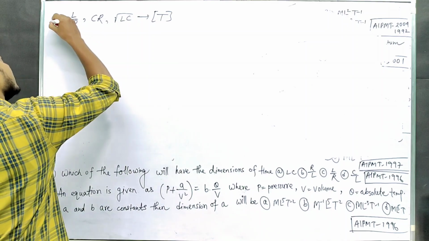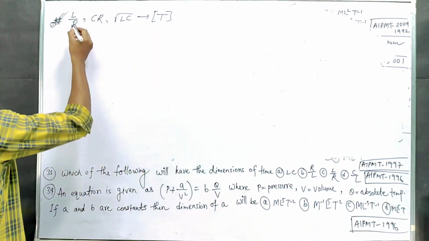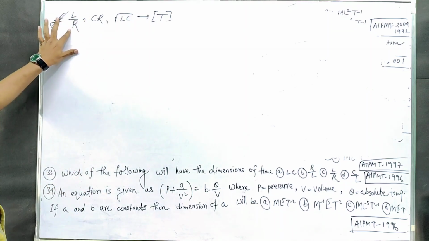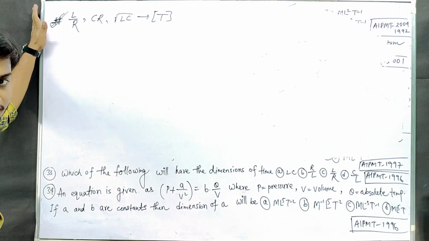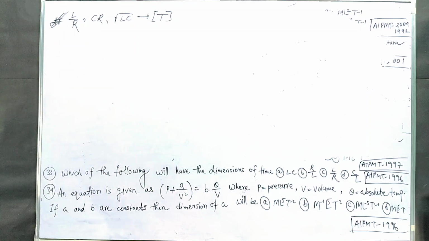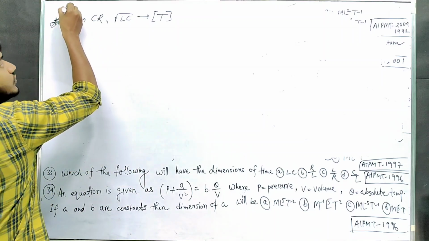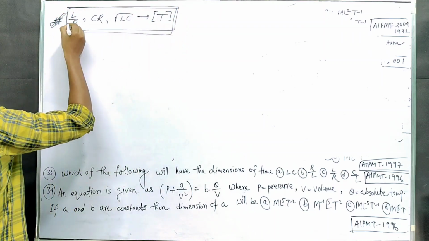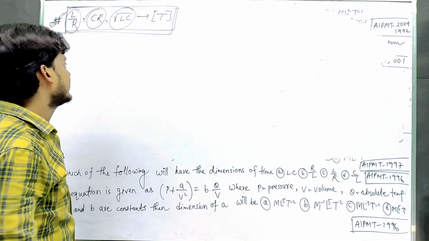Memorize this. Here R is resistance, C is capacitance, L is self inductance. If you want to derive this, let's do it, how L by R, CR and root LC are time T. Okay, take a look once.